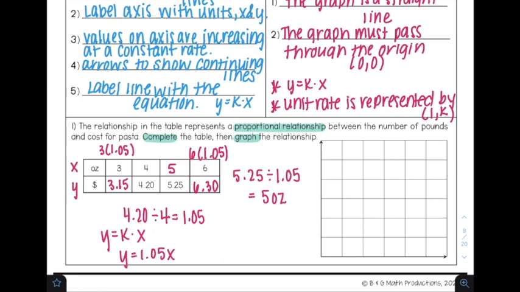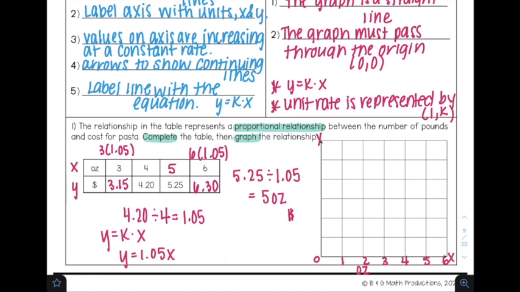So what I'm going to have here is I'm going to put each line on my x-axis. We have my y and my x. My x is ounces. My y is cost. Each line is going to represent a number. So I have 1, 2, 3, 4, 5, and 6 ounces.